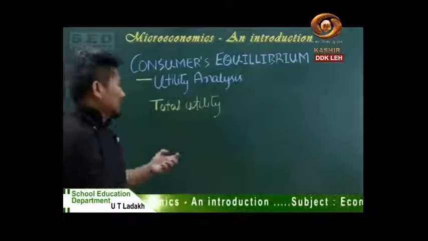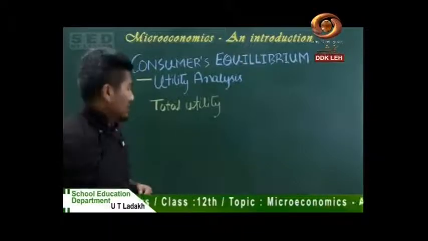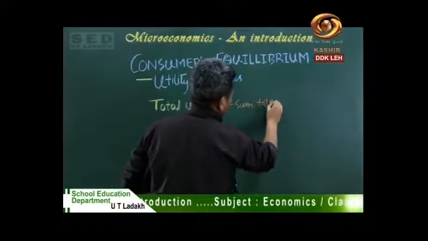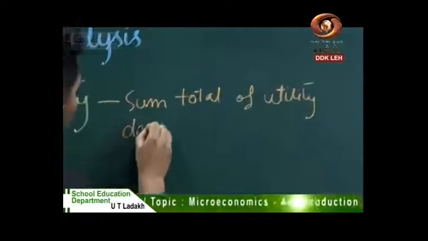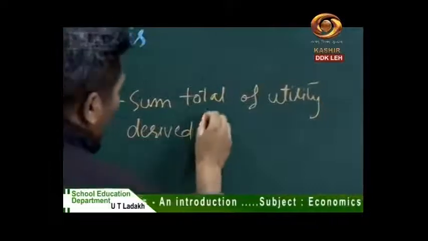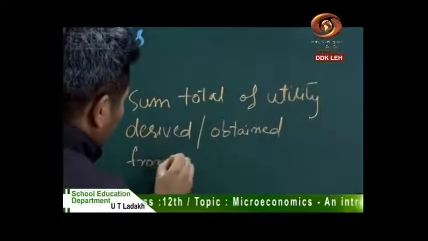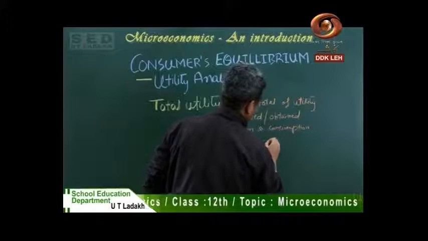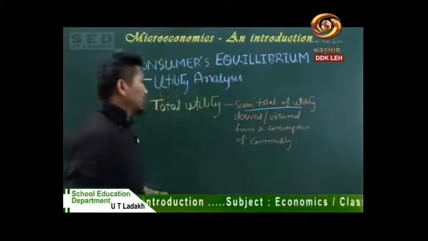Now total utility means the sum total of utility that you derive from the consumption of a commodity. It is the sum total of utility derived or obtained from the consumption of a commodity.